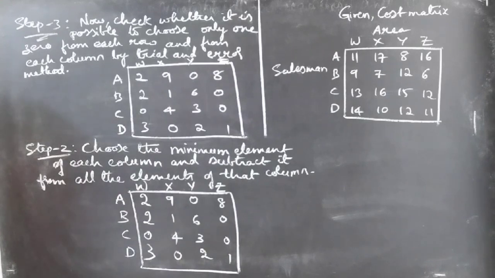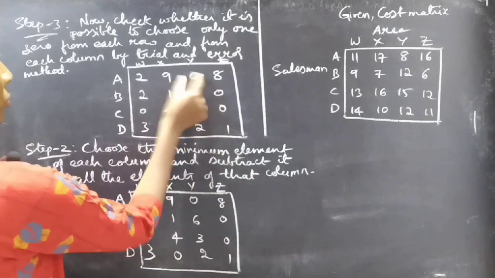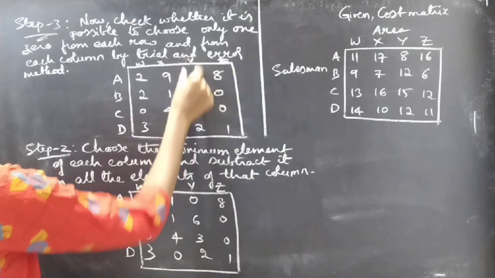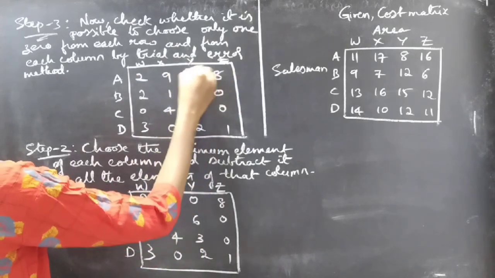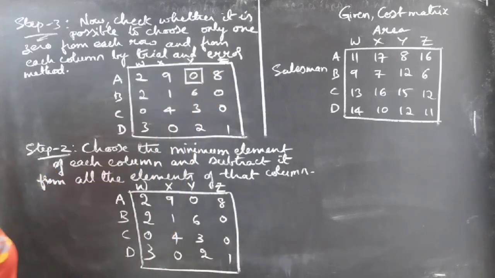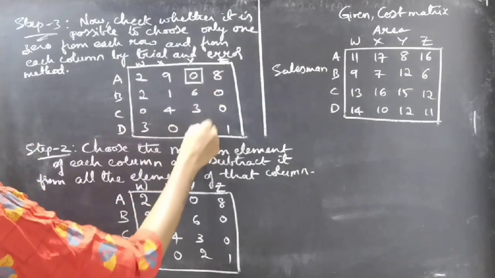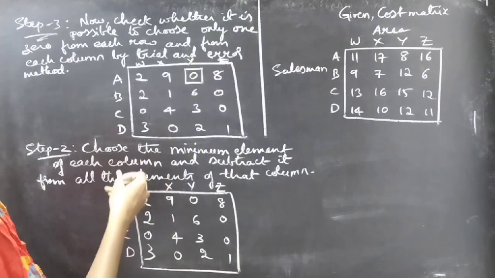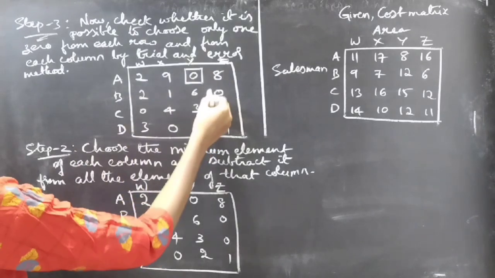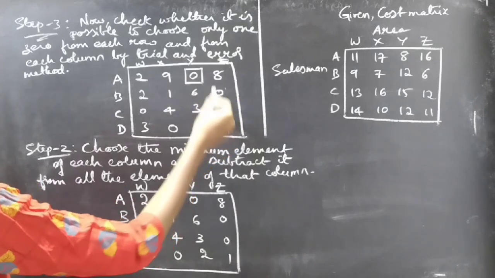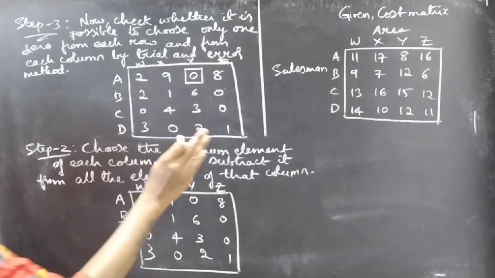Right. Now we have this 0, which is the only 0 in row A, right? So let's cover the 0 with a square, and cross the remaining zeros if you have any. Now coming to the second row, in the second row we have 0, right? Either you can choose this 0 or this 0 from Z, so let's see that later.